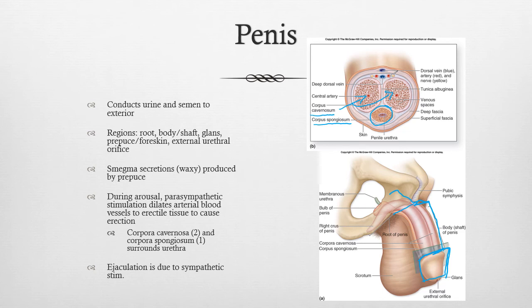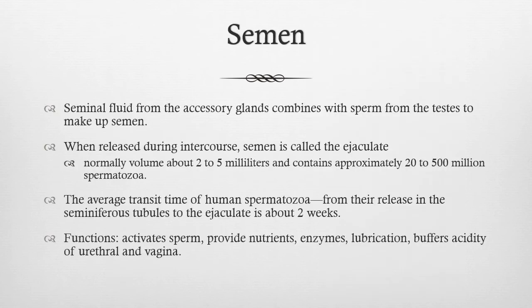And the glands in between the prepuce and the glans produce a secretion called smegma that develops in between and helps with protection of the glans.